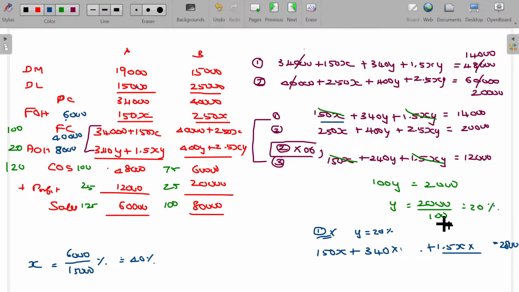Okay. Already we have adjusted here, so y value being 20. It's not 0.2. So 150x and this will be 1.5x into 20, 30x. So 150 plus 30x, 180x is equal to what remains. 340 into 20 is 6,800.